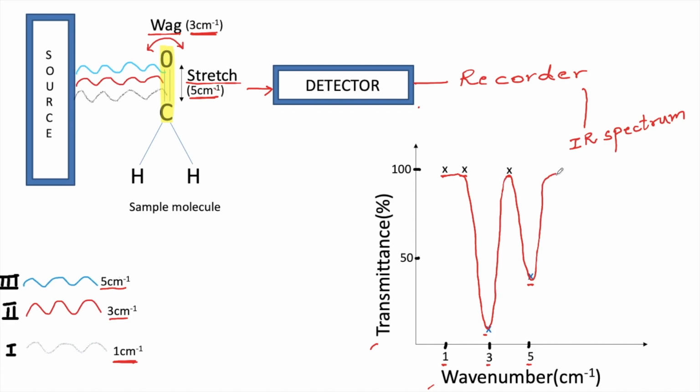Now you can notice that upside down peaks are getting formed, or dips are shown in the graph. I have already told you at the very start that the upside down peaks are known as absorption bands.